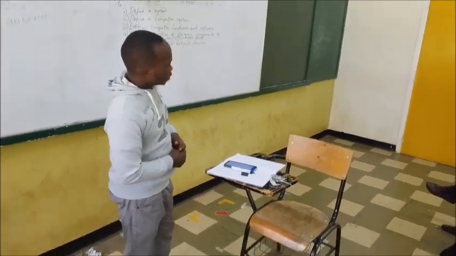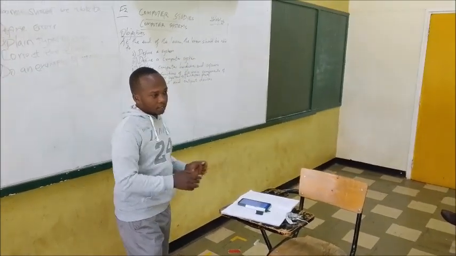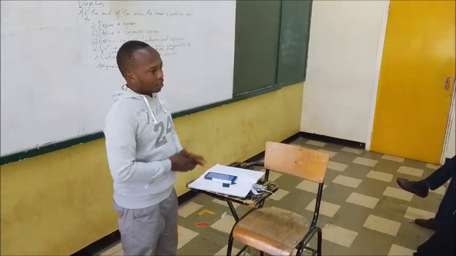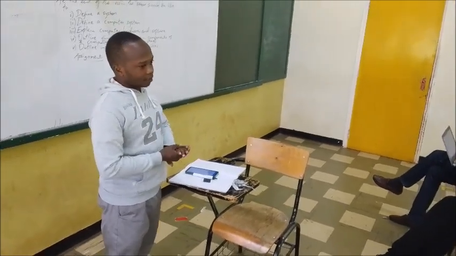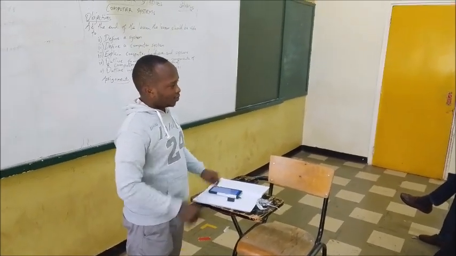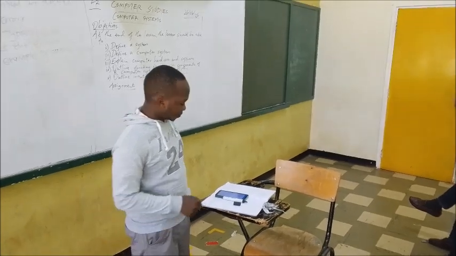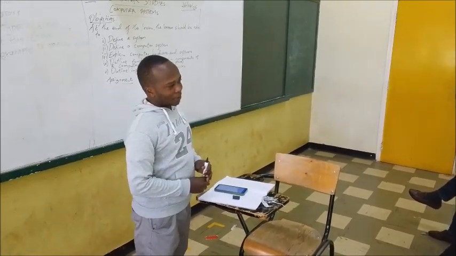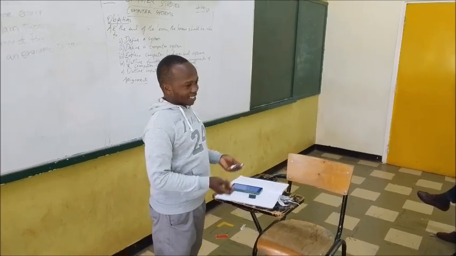So that brings us to this topic now. What do we call a computer system? Do we have anybody who can attempt to define what a computer system is? Maybe we can start with what a computer is. Yes, a computer is a machine that assists in performing a specific task.